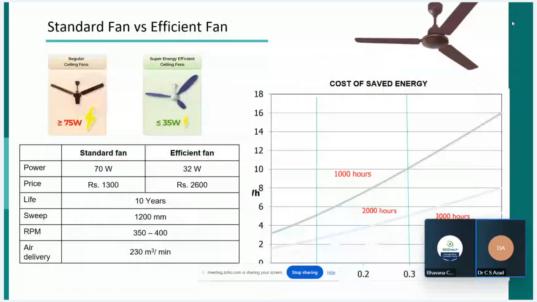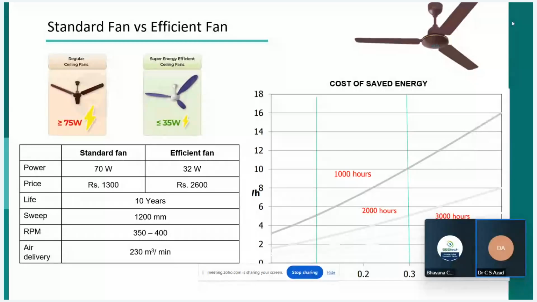Okay. Now, this slide is about the fans. A kind of revolution is taking place in case of fans. This is what we have seen in case of replacement of incandescent lamps by CFL and now by the LEDs.